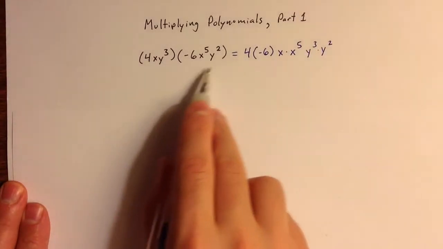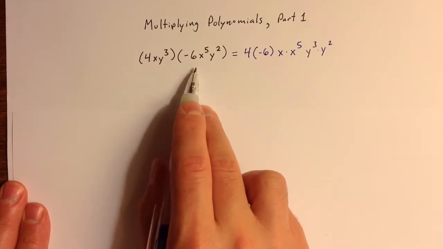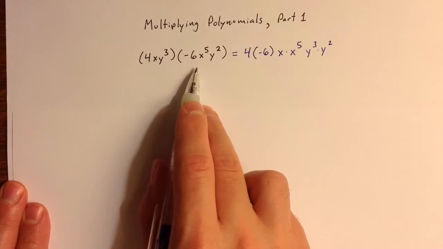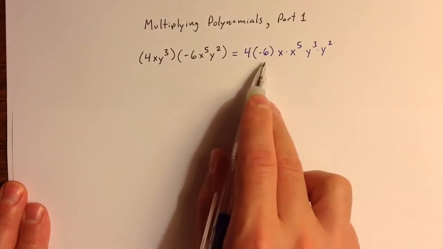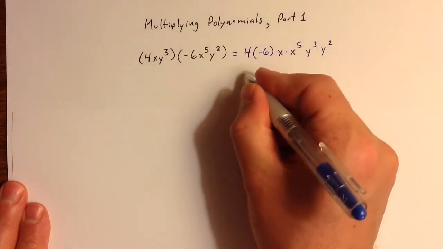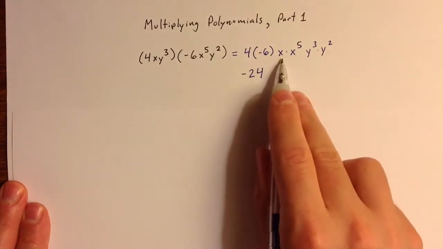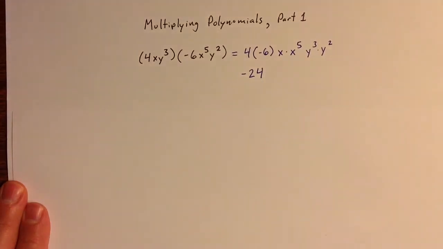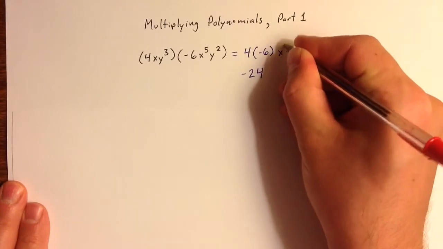Because all of this is just multiplied together, and the order of multiplication doesn't matter, I can rearrange the order in which I multiply things. So I can multiply the 4 and the -6 together. That'll give me -24. I can multiply x times x to the fifth, and to do that I can think of adding their exponents.